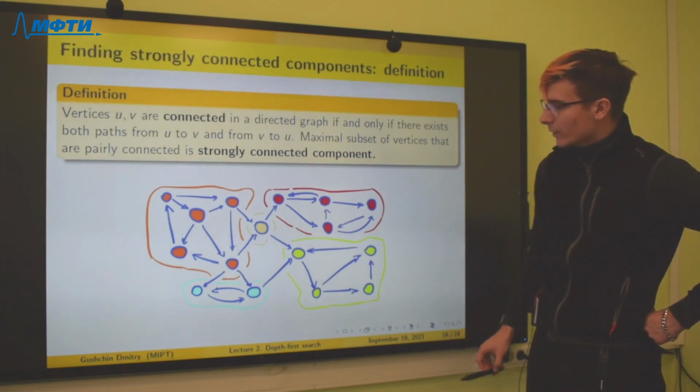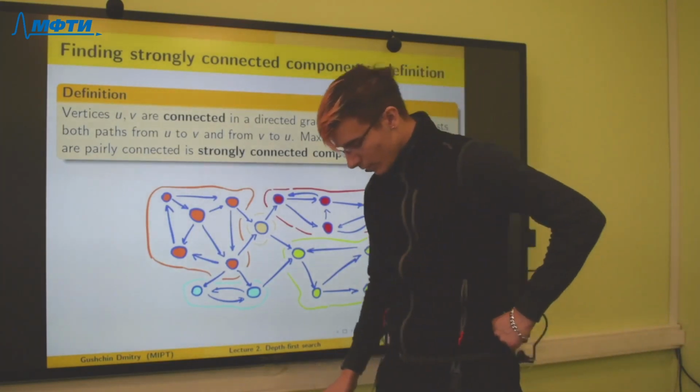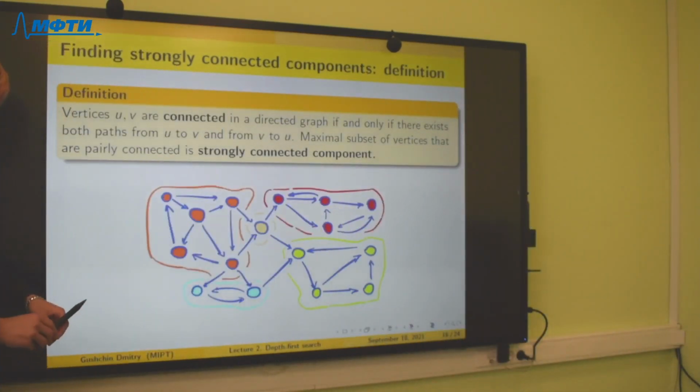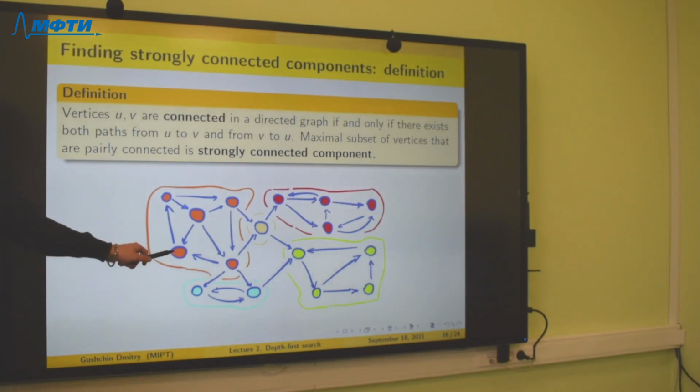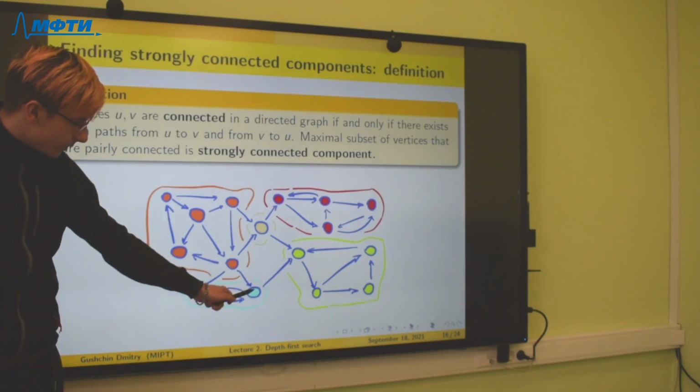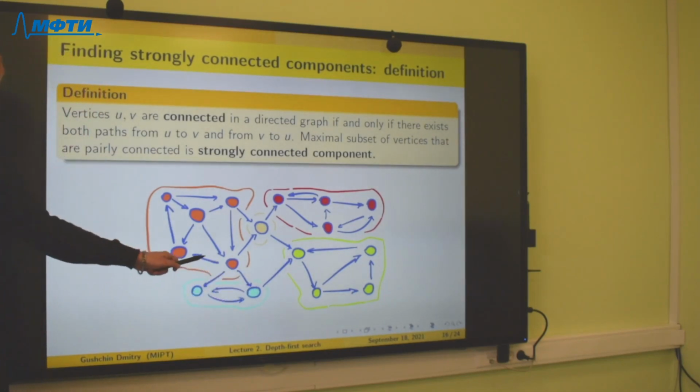And for example, if we take vertices from different strongly connected components, for example vertex A and vertex B, then there are two cases.